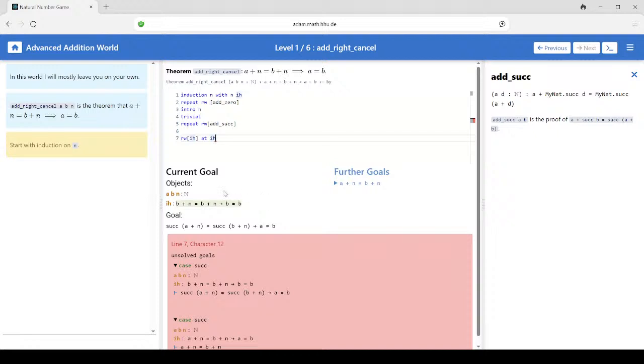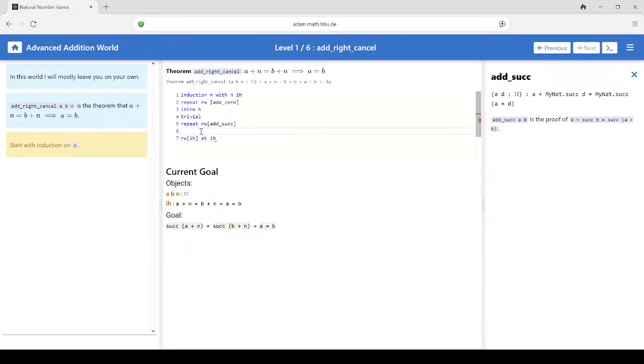Okay, I didn't know that was a thing. I'm not sure that helps us, but that's something. You can rewrite a hypothesis with itself. I did not know that. So now our hypothesis is that b plus n equals b plus n implies that b equals b, which I guess is good.